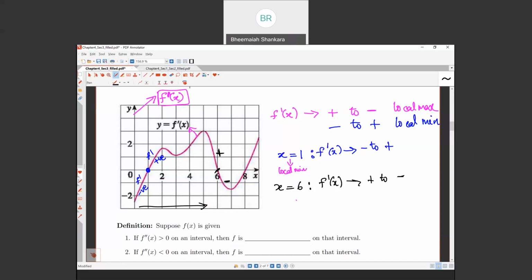So when the slope changes from positive to negative, at x equal to 6, you will have a local maximum value. Again, you're not able to see the maximum value directly from the given graph because this is an f prime graph. Had you drawn a function graph, then you would see at 6 you have the maximum of the function.